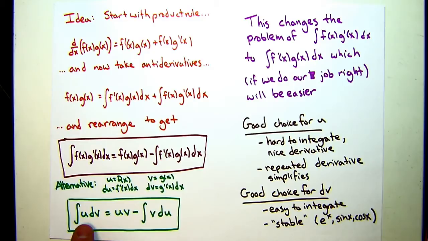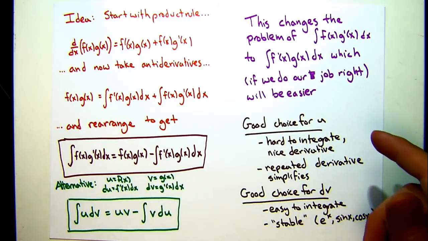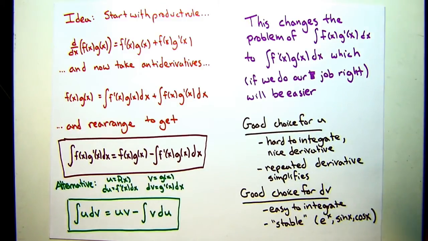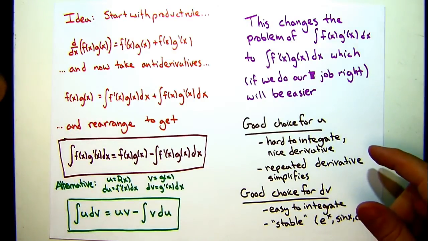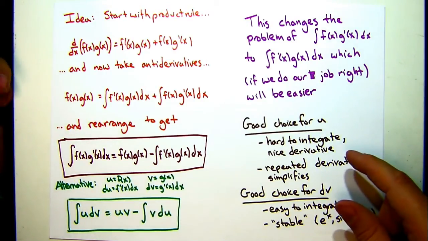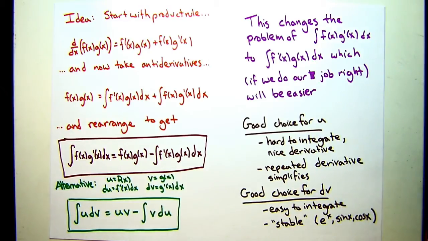Well, how do we know to make a good choice for u? Well, u, in the original part, that's u dv. We're going to differentiate that. Well, if we have something which is hard to integrate but has a nice derivative, that's a great choice for u. And in particular, if we're trying to integrate something which we've never integrated before, all right, that's u, no choice.